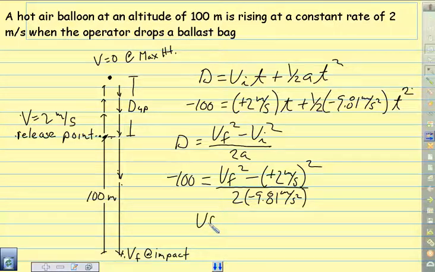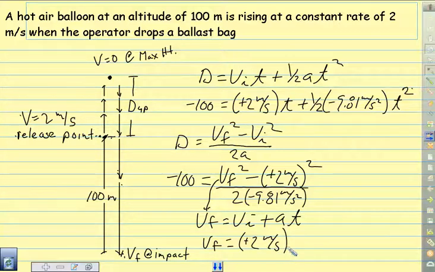Now, once I have V final, I can go back to here if I wish. And I can compute the entire amount of time that this bag was in the air. That includes all this time to go up and then fall all the way back down. Right here, I'm going to use the V final that I computed here.